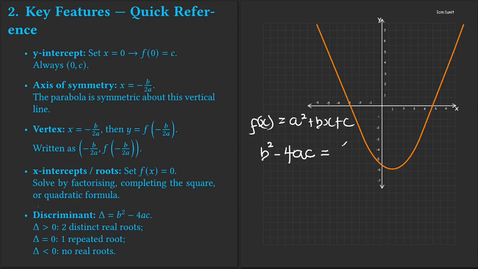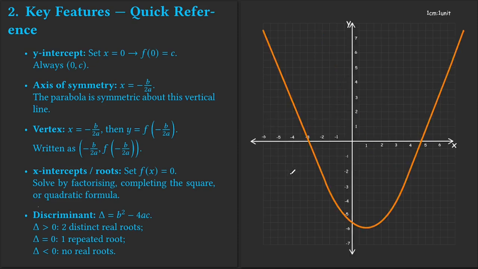This is what we call the discriminant, represented as delta. Now, anytime you evaluate your discriminant and you get its value to be greater than 0, that is, if you get a positive number, what it simply means is your function has two real roots.